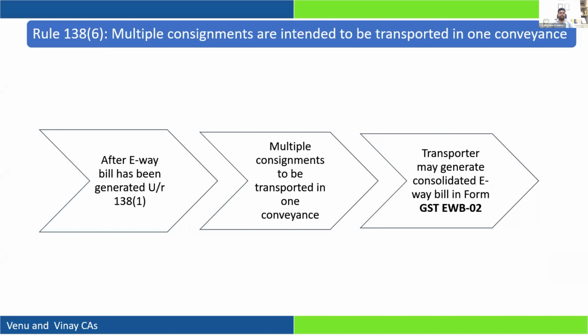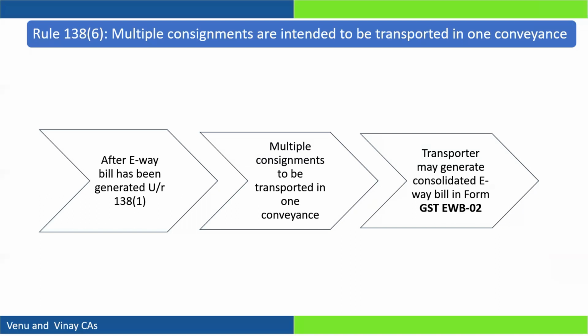Now coming to Rule 138, sub-rule 6. When multiple consignments are intended to be transported in one conveyance. This is the case where goods are given to VRL and VRL will deliver them to the respective places.